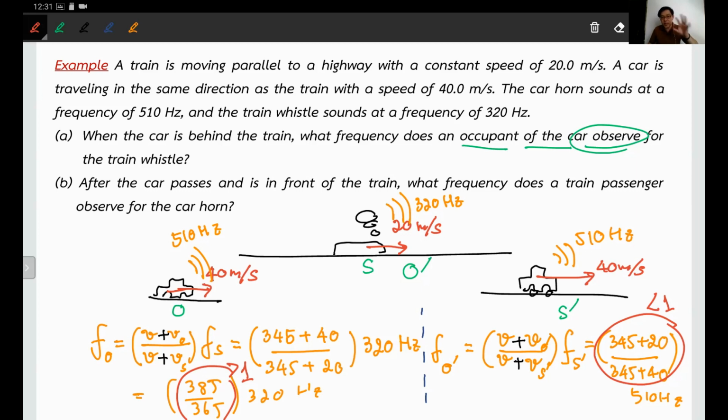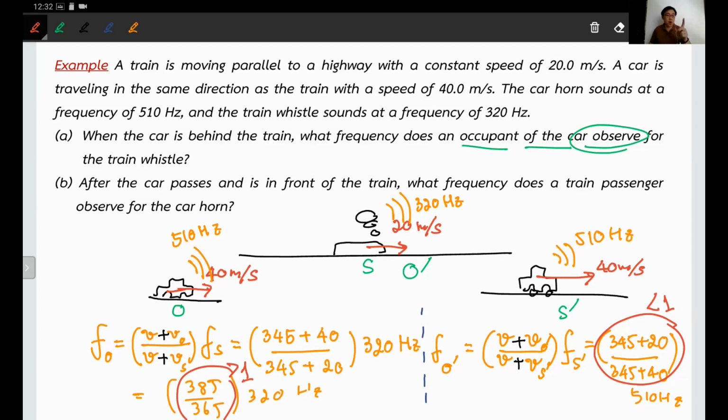Everything will go just like before, but I would like to focus on the observed frequency, so that's why I put the F sub O on the left. F sub O will be the final number that you would like to calculate. And then I throw all the information given on the right. So just focus on whether the observer is going away from the source or following the source. Correct. Just focus on that, right? Actually, for both of them.